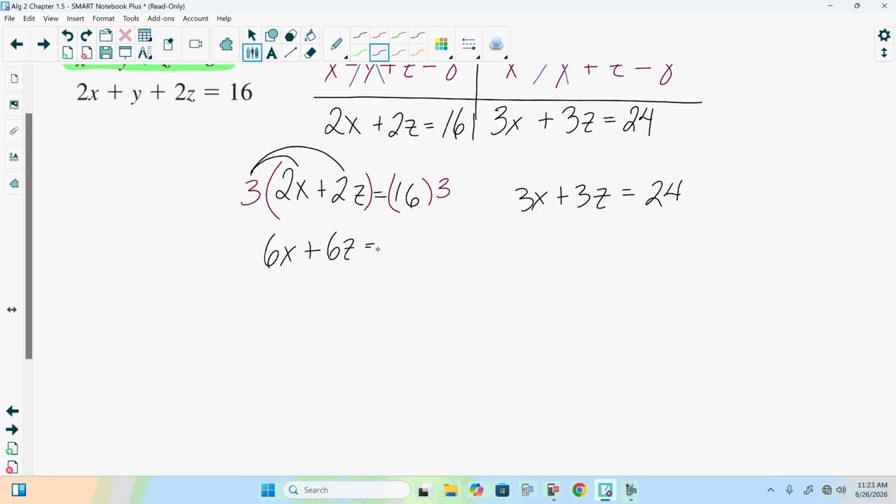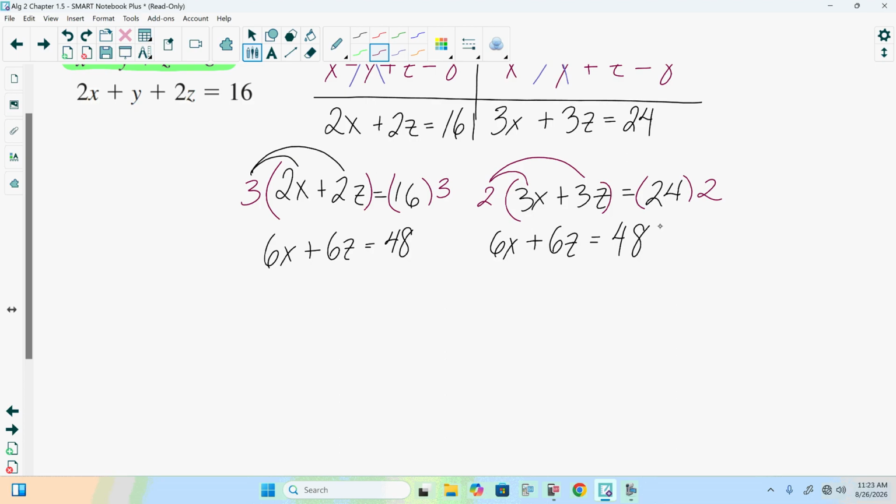And 16 times 3 is going to be 48. On the right, we're going to have to multiply everything by 2. 2 times 3x is going to be 6x. 2 times 3z is going to be plus 6z. And 24 times 2 is going to be 48.